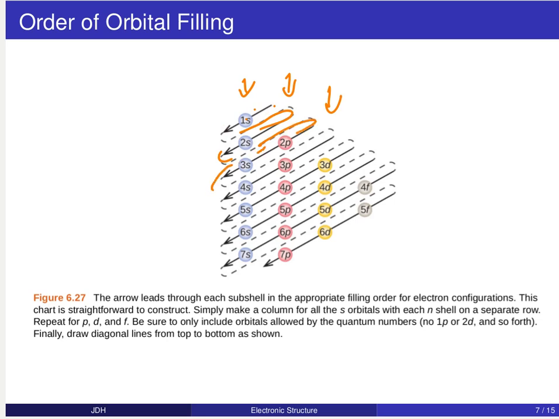That will then capture how you should go through and populate orbitals. Which orbital comes first is the one that simply has the lower energy. And again, that energy comes from none other than the Schrödinger equation. So the Schrödinger equation is giving us this orbital energy and orbital filling.